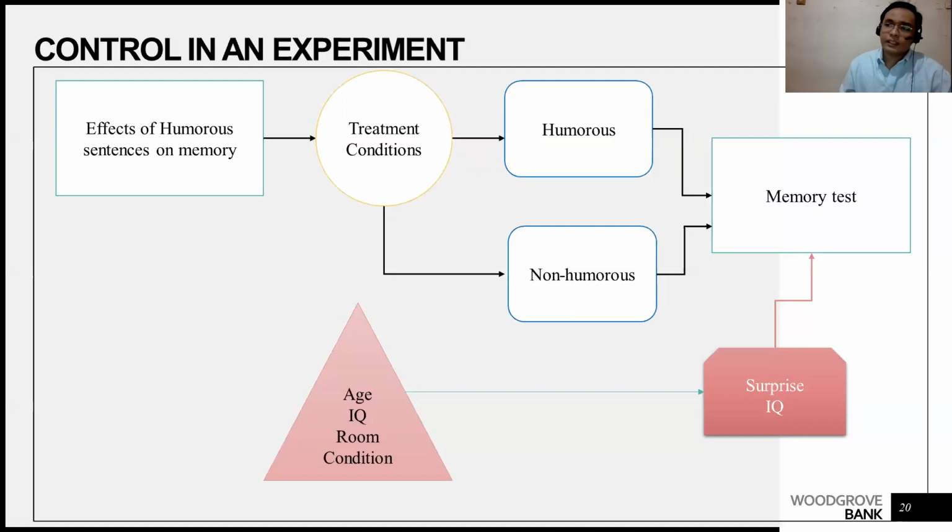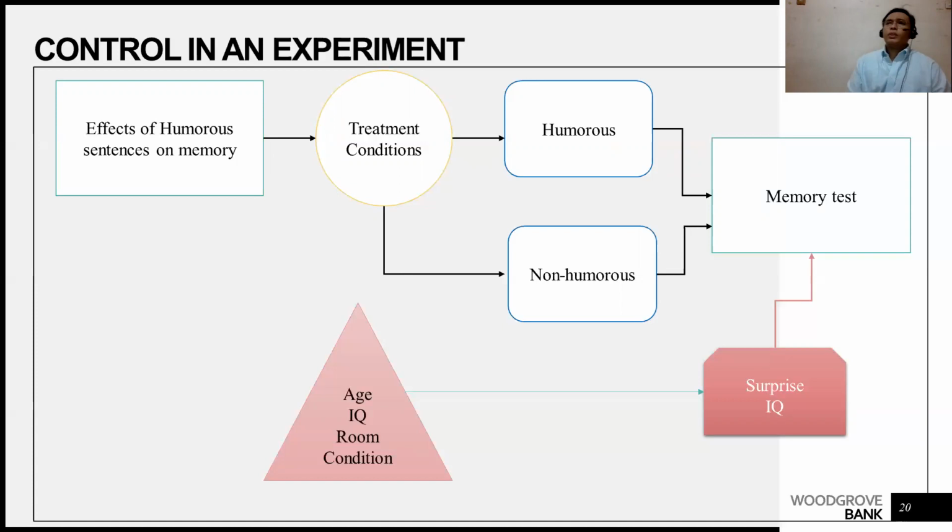In response to that kind of problem, Schmidt determined the range of the IQ, which eliminated IQ as a confounding variable, by including it in the description of the participants. The only thing that is left as a problem is the level of surprise.